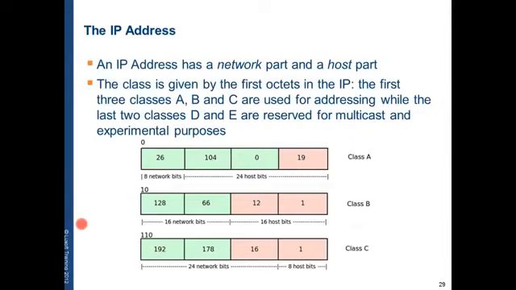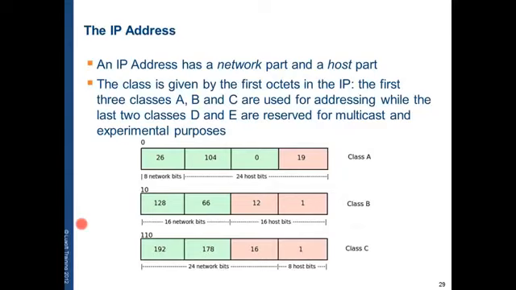An IP address has two parts, a network part and a host part. Firstly, an IP has 32 bits separated in 4 bytes, and the first bytes will define the network part, and the last bits will define the host part.